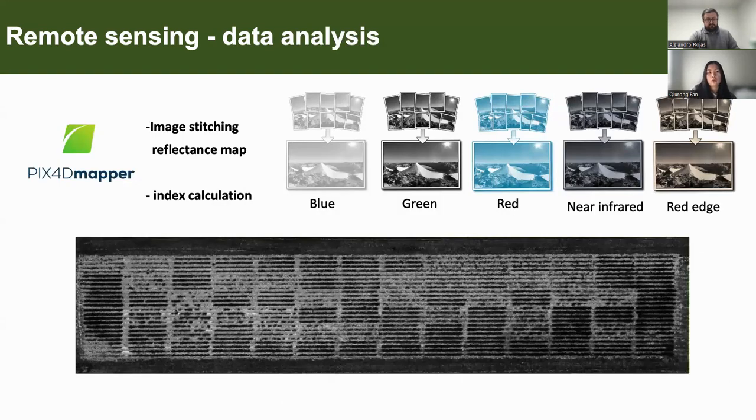And so upon finishing the image collection, the next step was to stitch these individual images into a reflectance map for each channel, just like indicated in here. This step can be done in different software, and here we're using a software called Pix4D Mapper. The resulting field map is shown below.